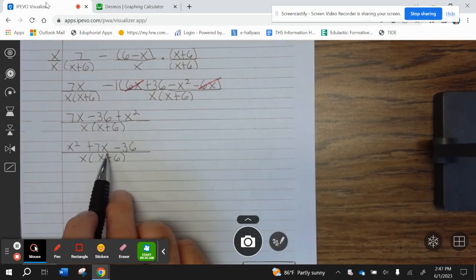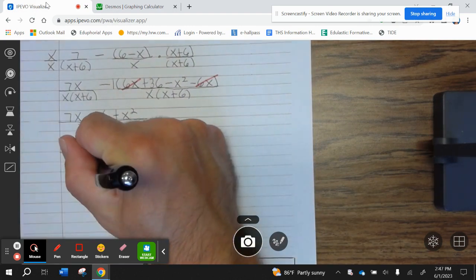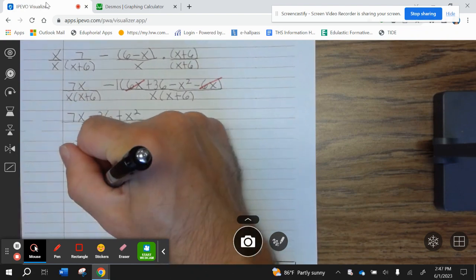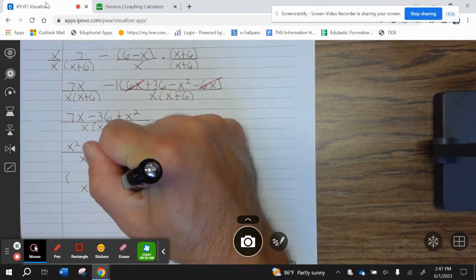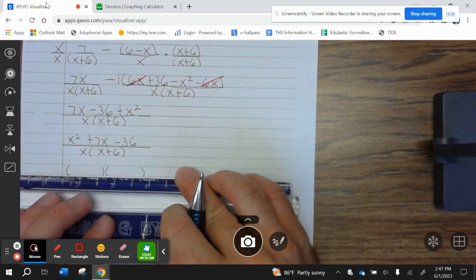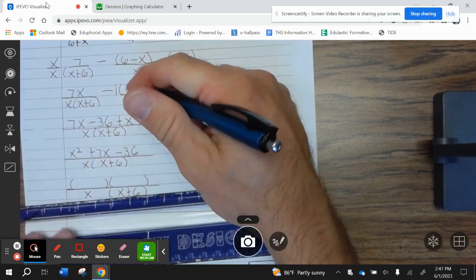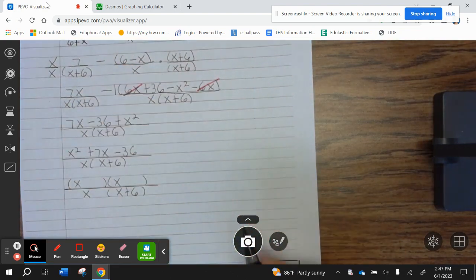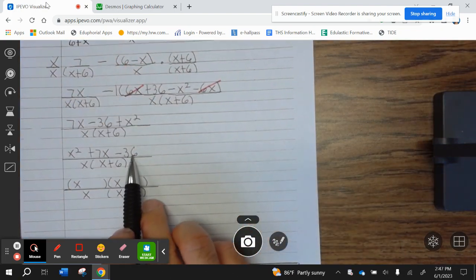So now let's try to factor the numerator. So we know 2 parentheses divided by x times x plus 6, we know x and x makes x squared. Now we need to figure out what numbers multiply to give you negative 36 and combine to be 7.